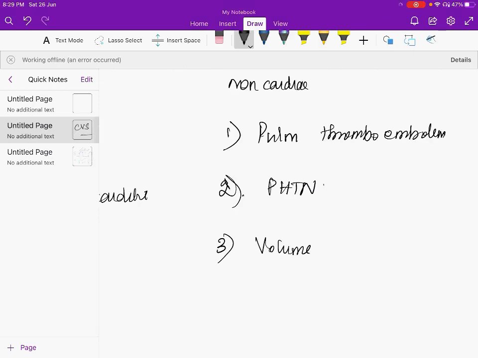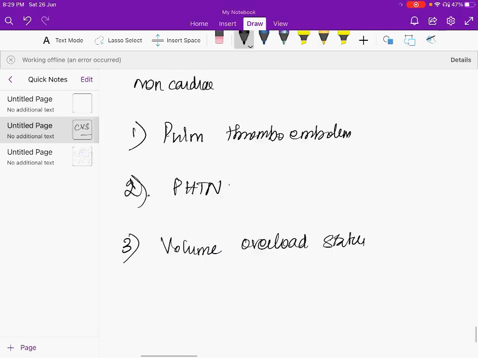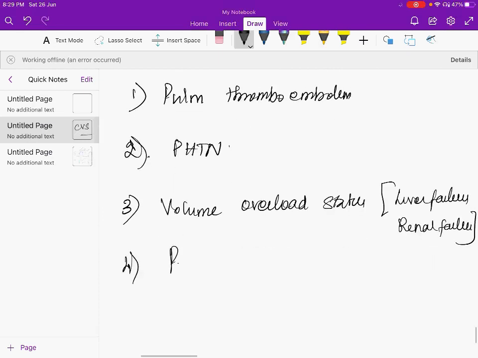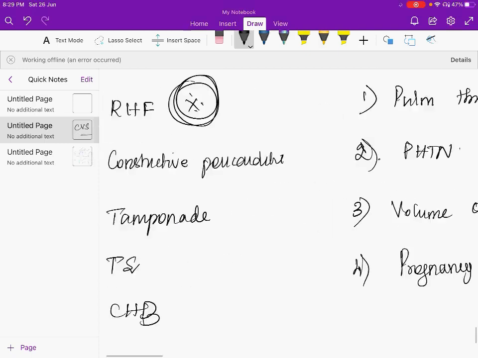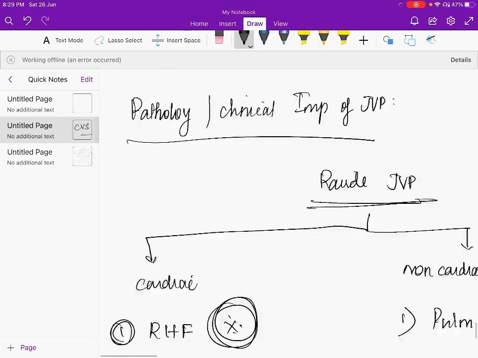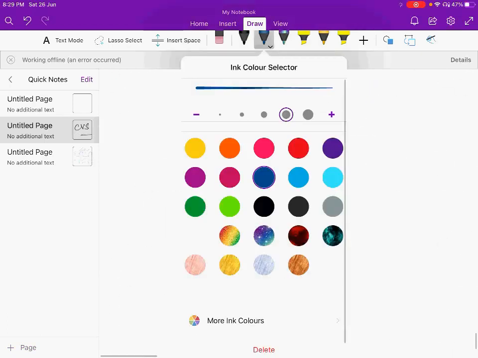So volume overload states like liver failure or renal failure. Okay. Then your pregnancy. So these are other causes of raised JVP. So this is raised JVP, and we will move on to the particular waves.